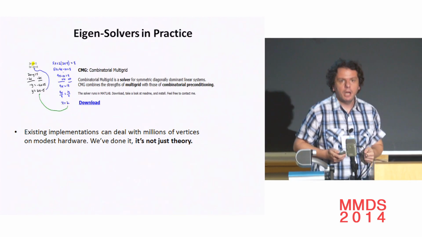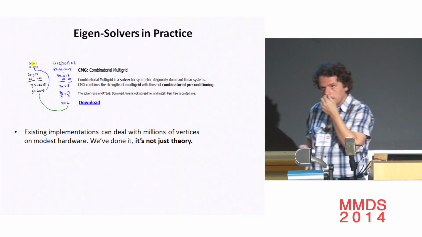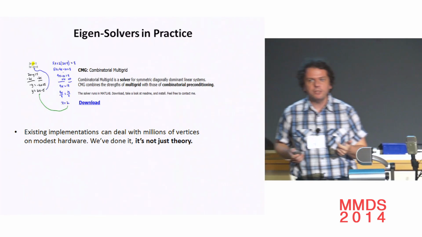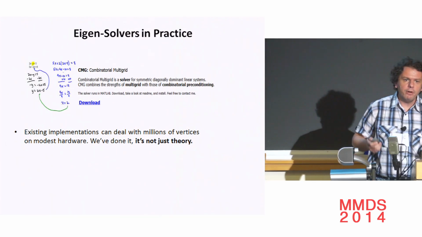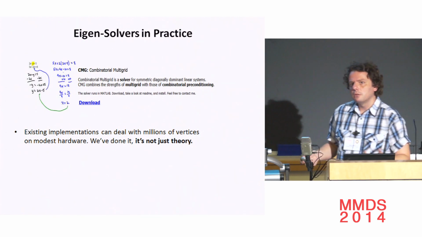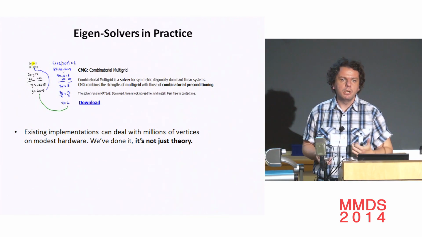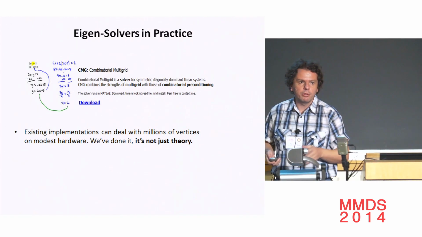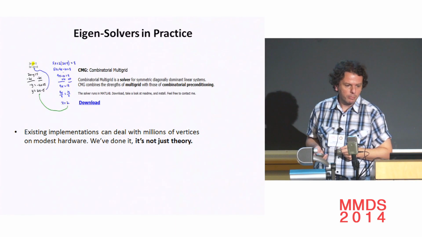Actually, there are algorithms that have been discovered fairly recently, which are linear system solvers for Laplacians, and based on them, eigensolvers for Laplacians, that can find you these approximate eigenvectors for graphs that have millions of nodes. Okay? We are talking, I don't know, 50 million nodes on modest hardware that you can buy with a small amount of money.